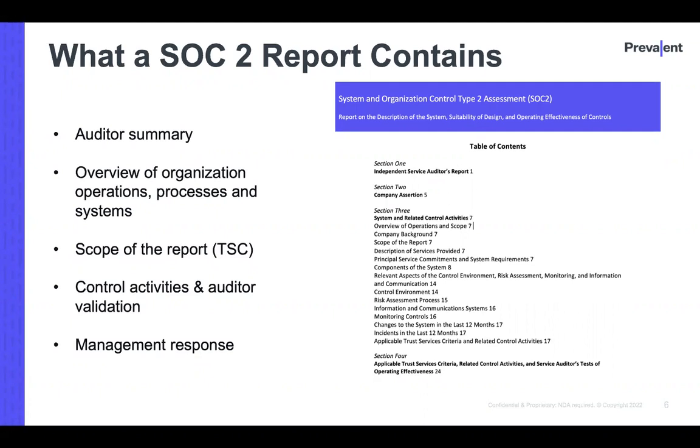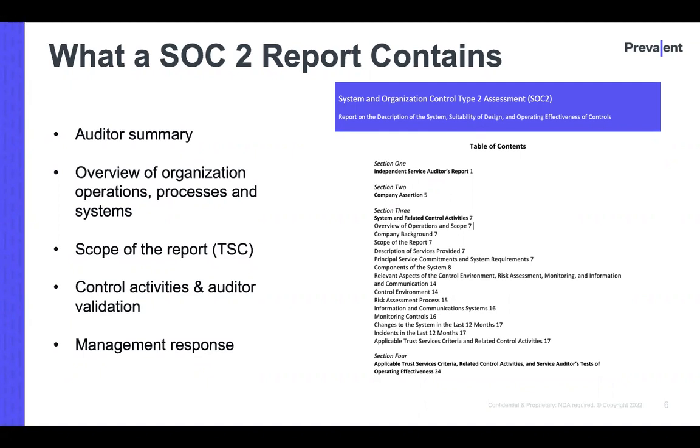They may include aspects around exceptions that they've identified. In some instances, they already report on the specific scope of the SOC 2, so the aspects of the trust criteria that they have assessed the organization against. So it gives a very executive high-level overview of what's happened and the overall performance of the organization when they've been assessed.